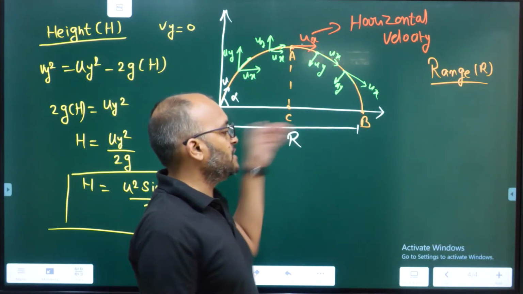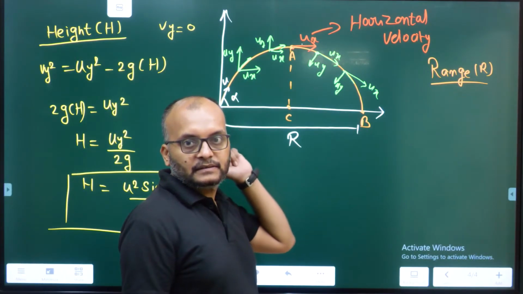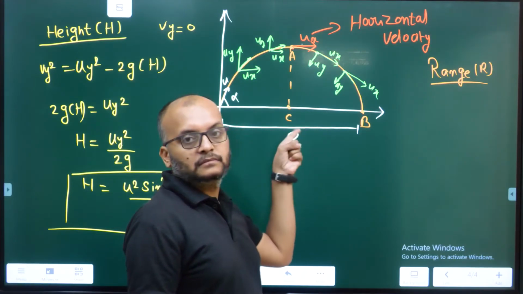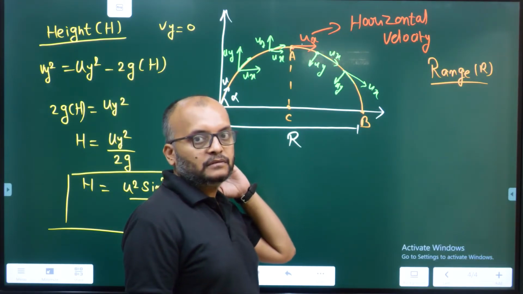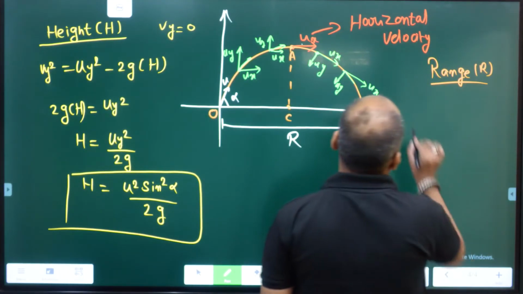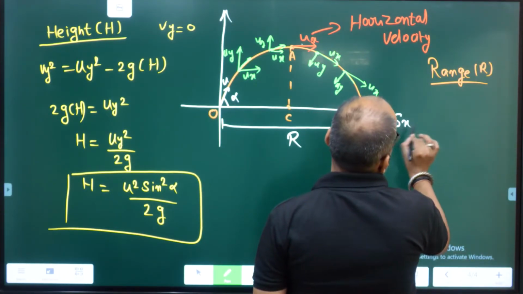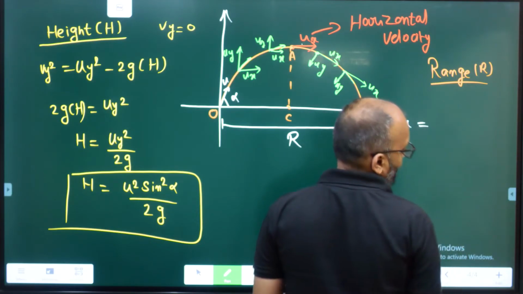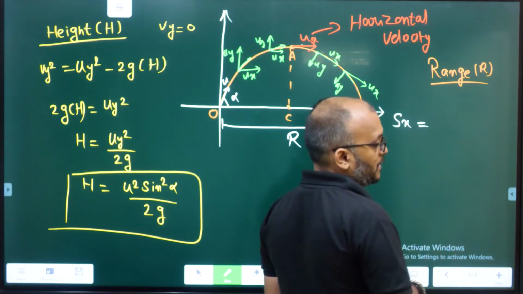So what type of displacement is this? Horizontal displacement. Very good. So Sx, if I calculate this horizontal displacement, I will be able to calculate the range.